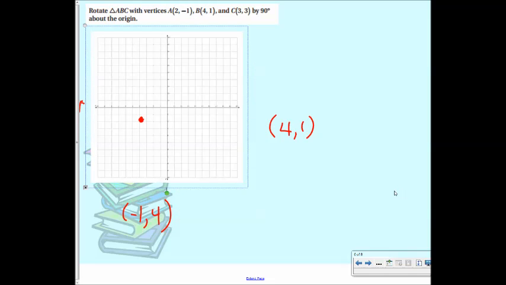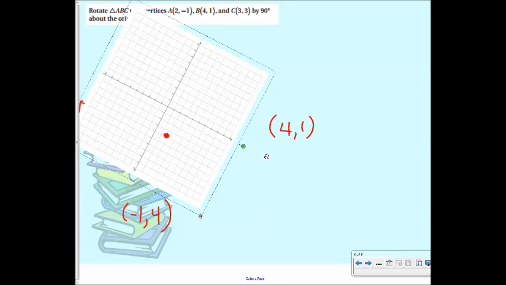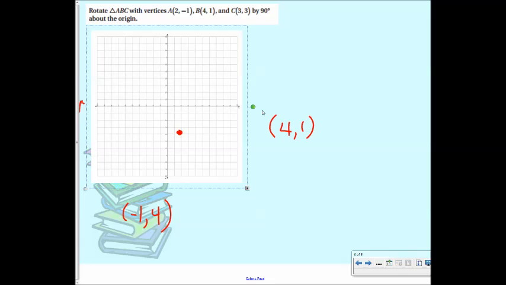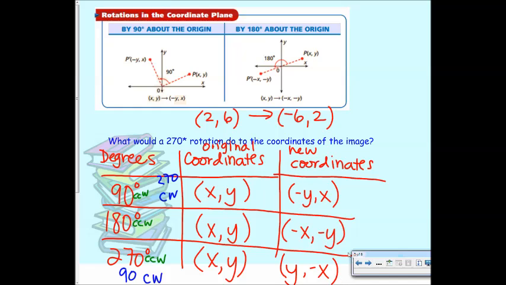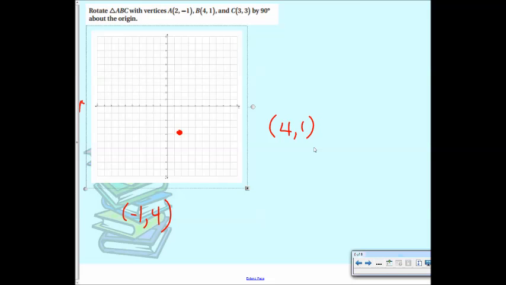Third, and it looks like it's at the point -4, -1, which is exactly opposite of our original, right? And if I turn it a third time, now it looks like it's in the fourth quadrant at 1, -4, which is exactly what would happen if we did it how many times? 270. Okay, so that's where these numbers are coming from.